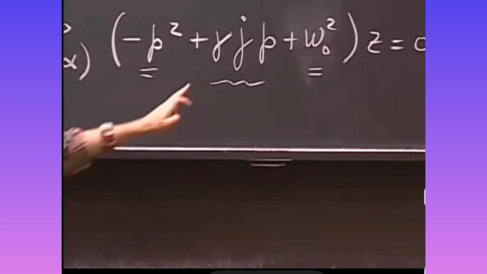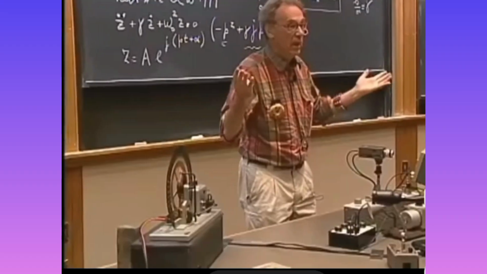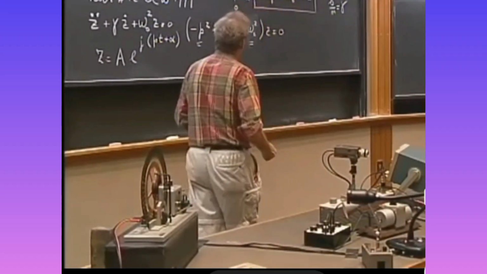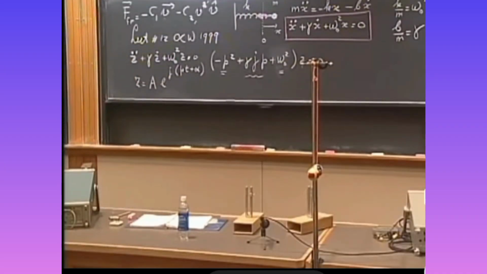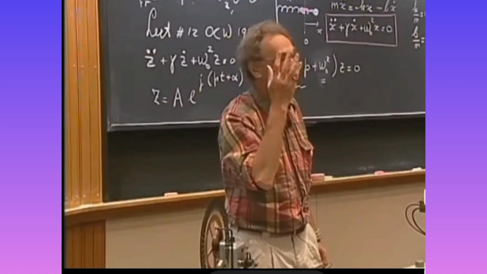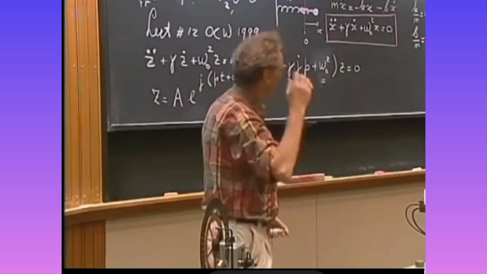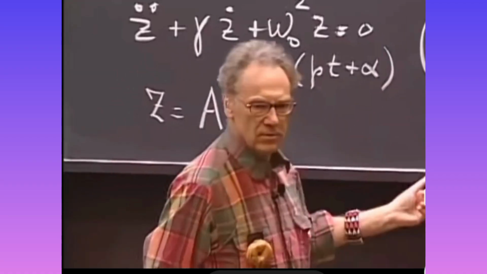Now, if you make gamma 0, you have no problem. There is no damping, so that's ridiculous. If you make p 0, then you no longer have any oscillation going on, because you smell that pt, that's going to be the oscillatory thing. So that's also unacceptable. And so this won't work.